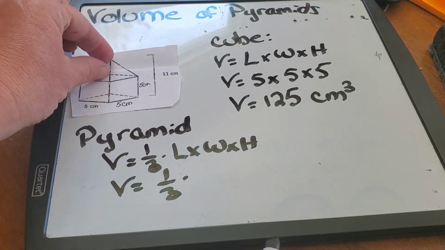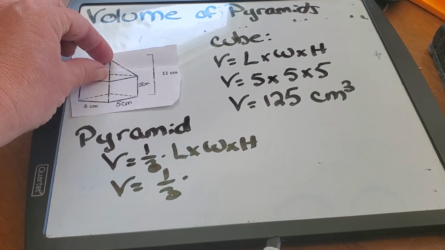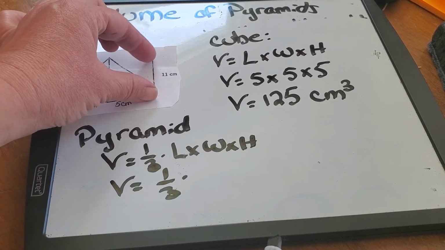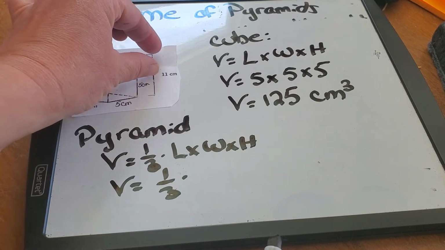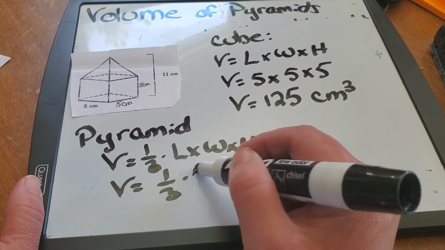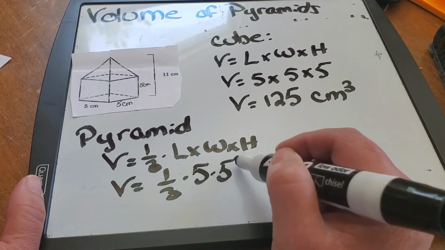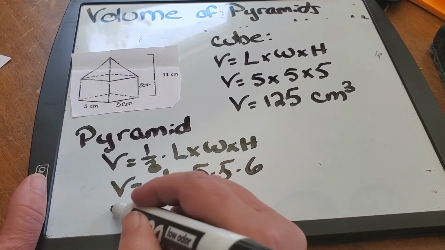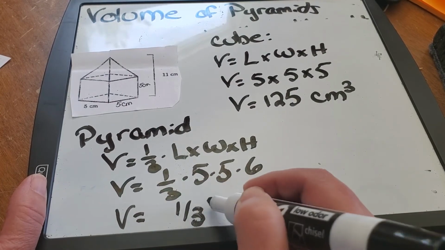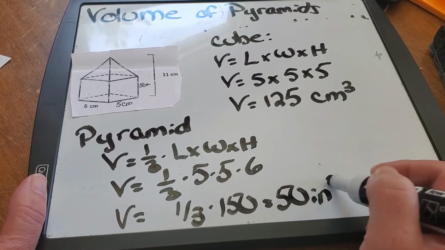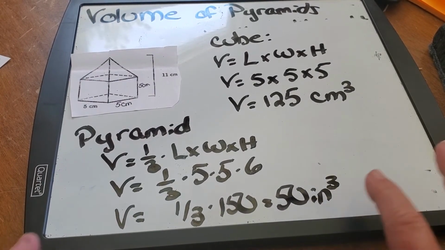The height of the pyramid is only 6 because the cube has a height of 5. 11 is the total height. Subtract those so you can find out what's left over for that top part, the pyramid. So this pyramid has a length of 5, a width of 5, and a height of 6. So 5 times 5 is 25. 25 times 6 is 150. This is going to be 1/3 of 150, which is 50 cubic centimeters.